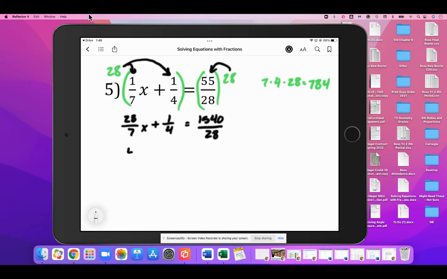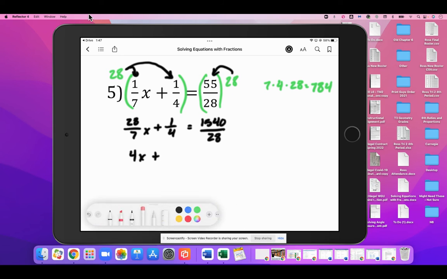And so 28 over 7 is going to be 4x plus, and I forgot to do the next one, didn't I? That should not be 1 over 4. That should be 28 over 4, which is going to be 7. And then 1540 divided by 28 is going to be 55.